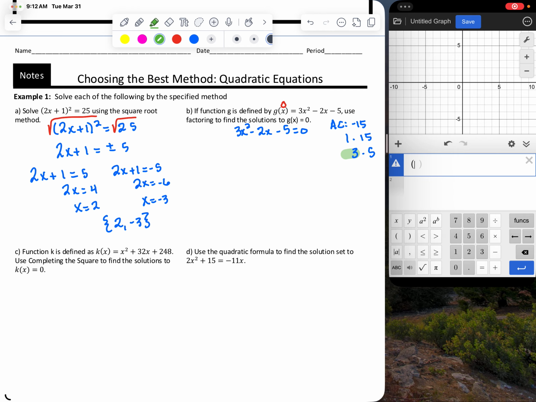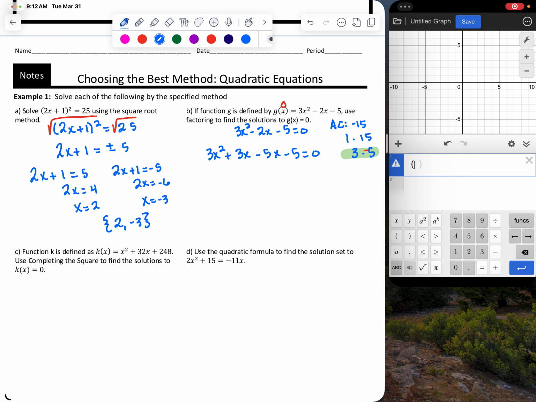Well, hopefully you said you'd have to use the 3 and the 5, and you'd have to make the 5 negative. So I'm going to rewrite this expression as 3x², and I'm going to split -2x into +3x and -5x. And then the -5 stays the same.